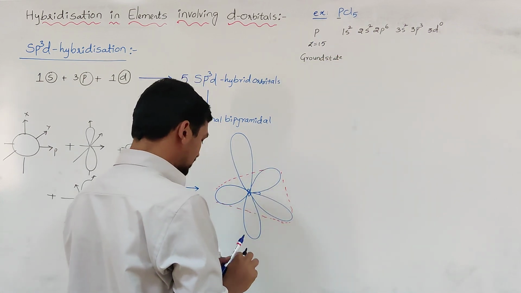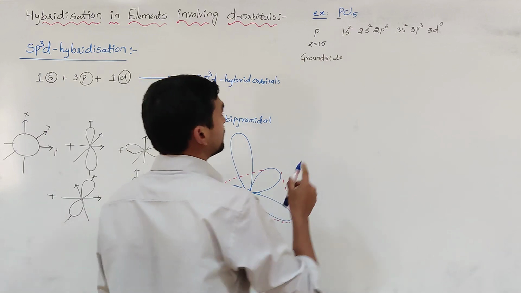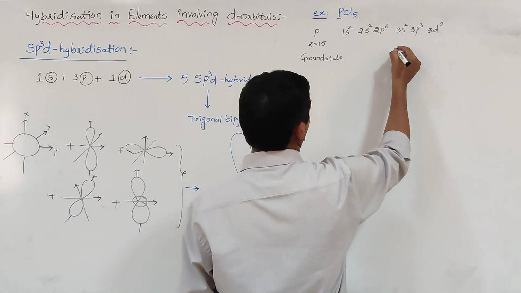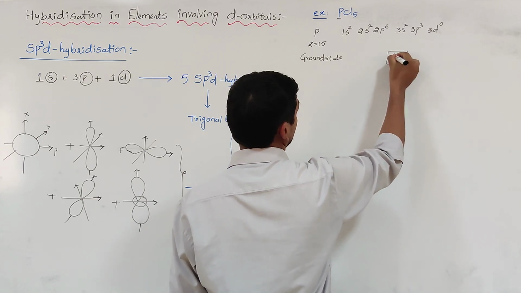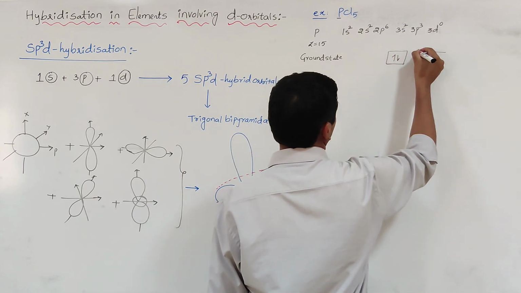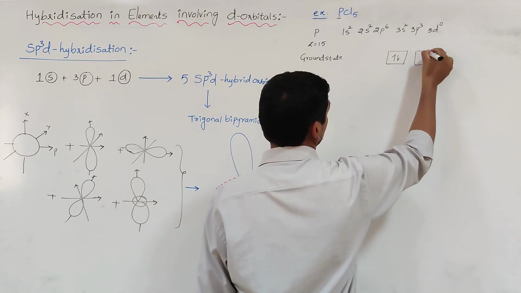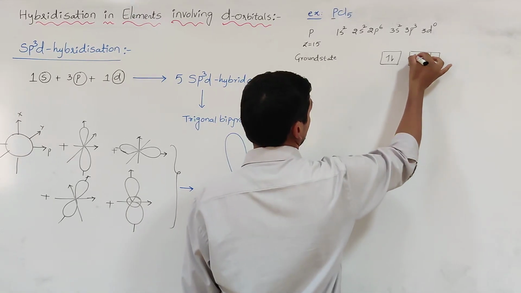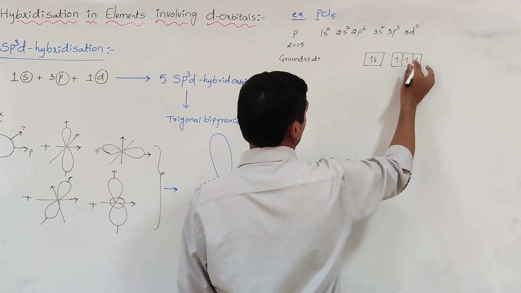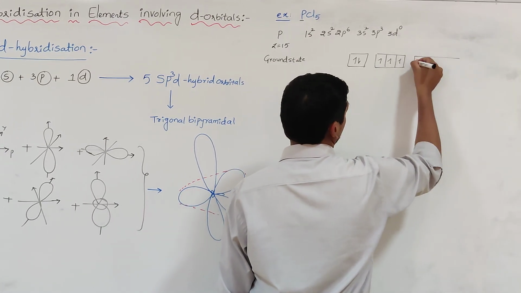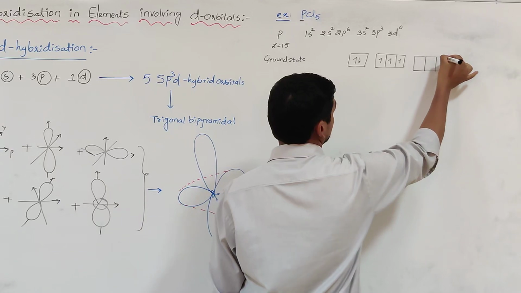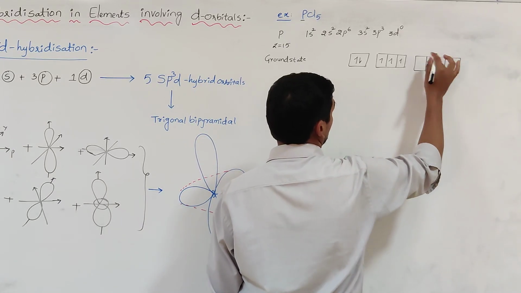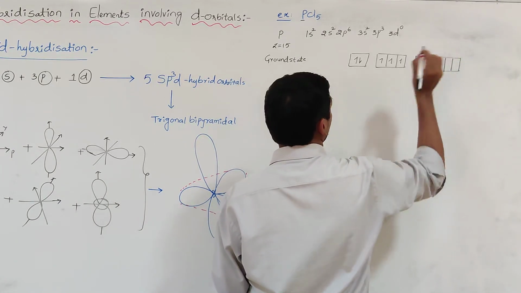When we see the valence shell, the 3s orbital has 2 electrons, the 3p orbitals contain one electron in each orbital, and the 3d orbital does not contain any electrons.